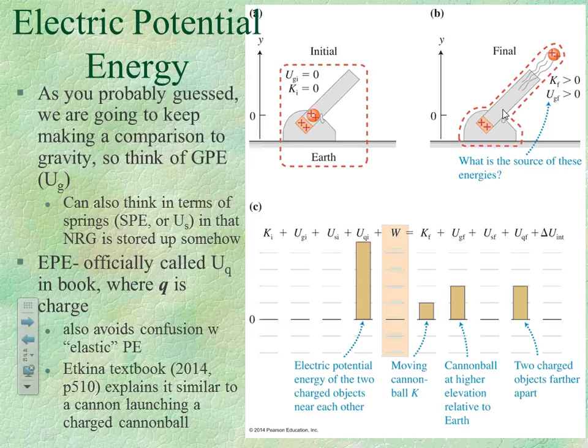The fact that it's going upwards means it's gaining gravitational potential energy. The fact that it's moving means it has gained kinetic energy, and in the process it has gotten farther away from the charges, so it is losing electrical potential energy. Once again, we're going to be able to deal with conservation.